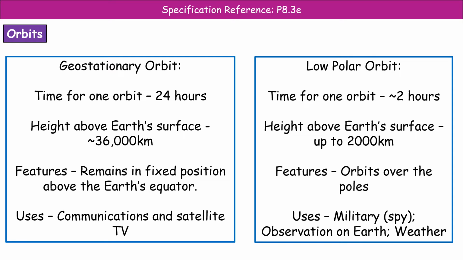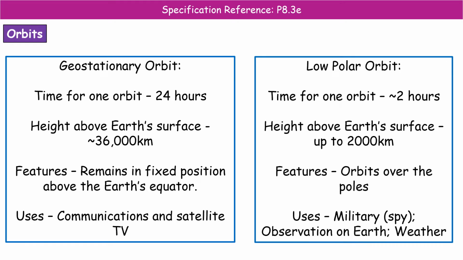What we need to be able to do is then compare these two types of orbit. So geostationary first of all, as we've said, it takes 24 hours for a single orbit to occur. They are much higher above the Earth's surface at around 36,000 kilometers, and the key feature about it is it's going to remain in that fixed position above the Earth's equator.